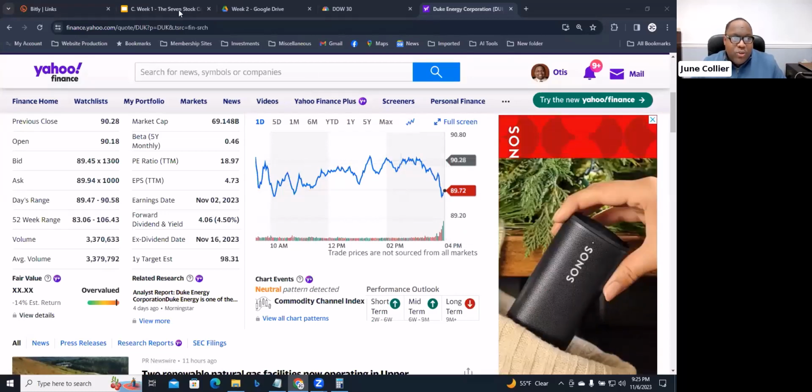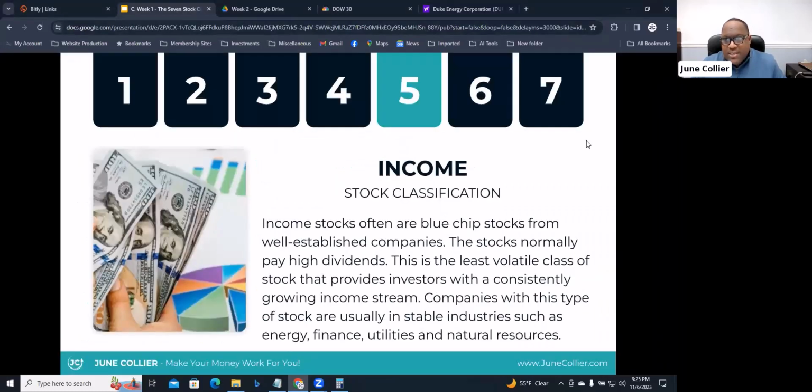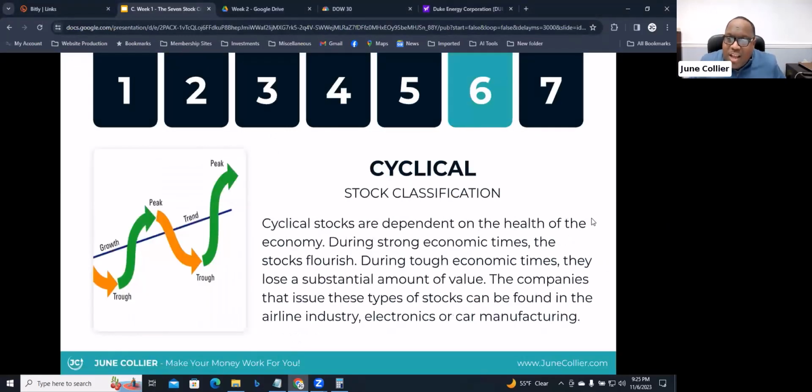All right, let's get back to number 6 of our classification. Number 6 is called cyclical stocks. These are stocks that are dependent on the health of the economy. During strong economic times, the stocks will flourish.